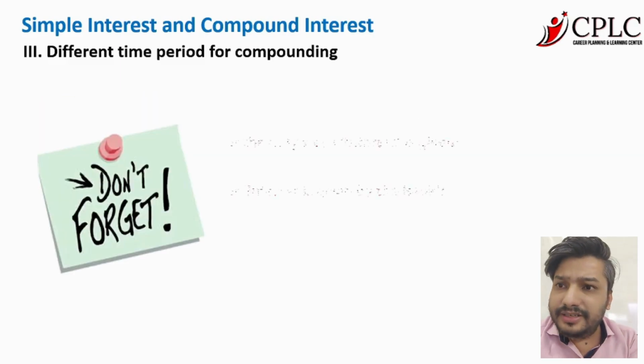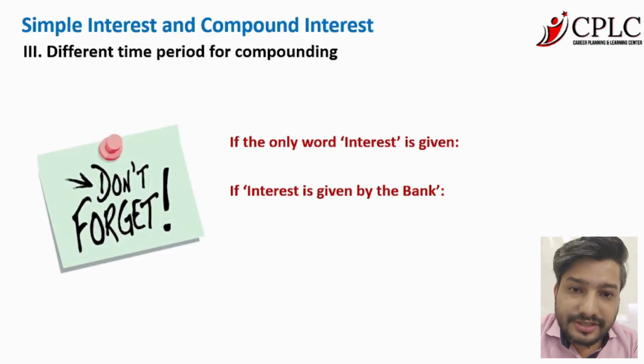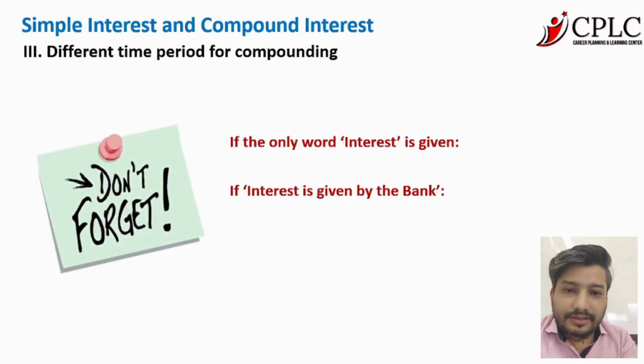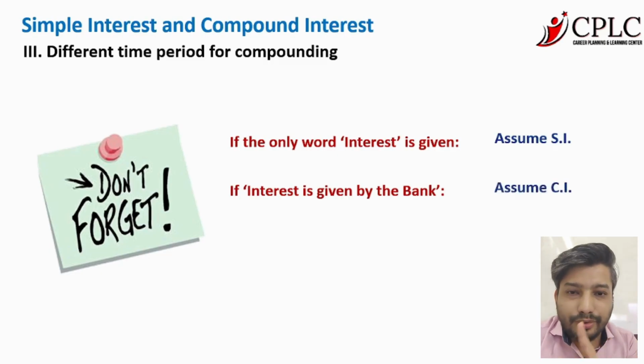The second is, if only the word interest is given, then you'll have to use simple interest, and if bank or something like that is mentioned in the data, then you'll have to take compound interest, so that you don't miss out on the concept and you can solve the questions associated with them.